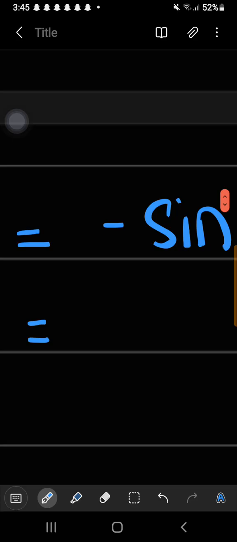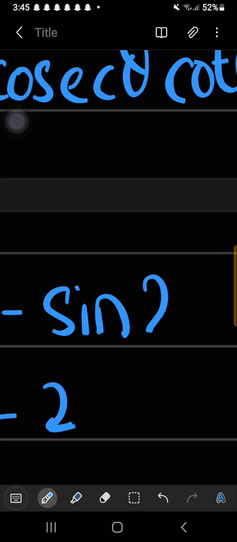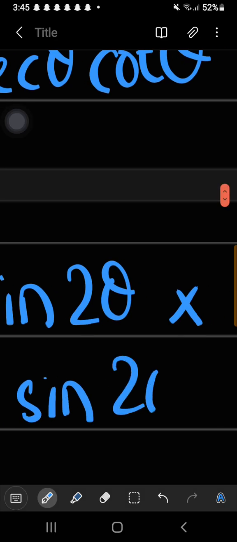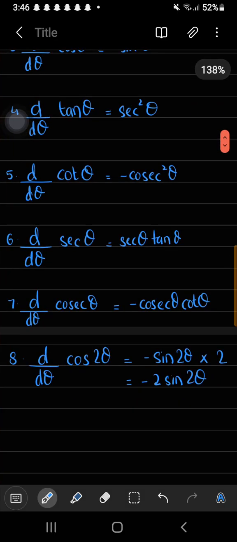So it becomes negative 2 sine 2 theta, because the differentiation of cos 2 theta is negative 2 sine 2 theta, okay?